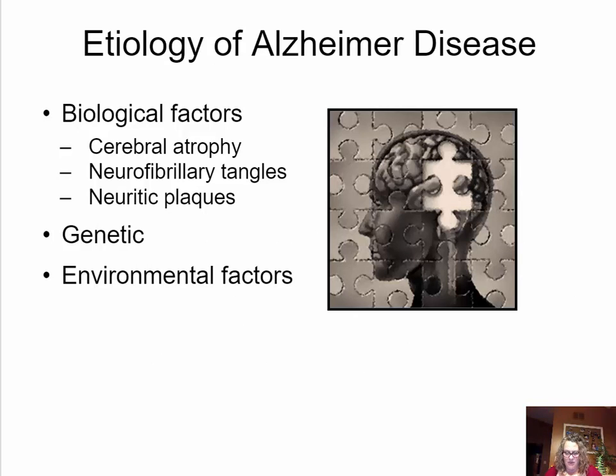The etiology, or the actual pathology, of Alzheimer's disease is that it is a very complex disease, and there is damage to the brain before symptoms start.